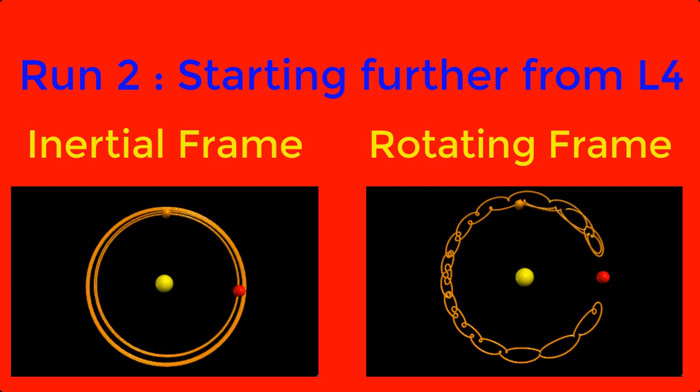Instead, it starts to move back away, and after several rotations around the Sun in yellow, it's now approaching L3 again. So past L3, and it will approach L5 once more.